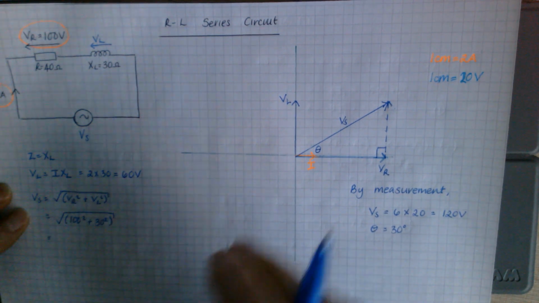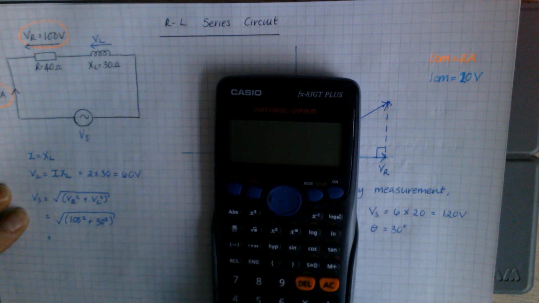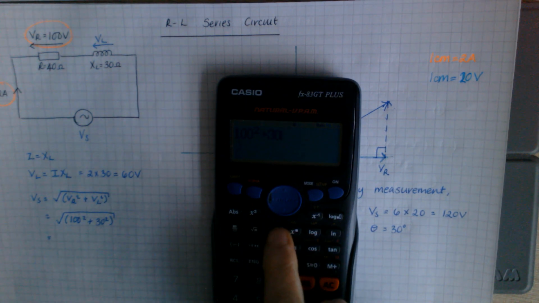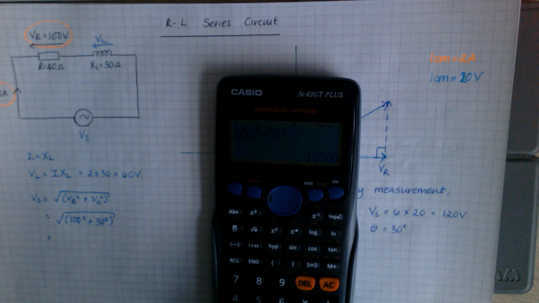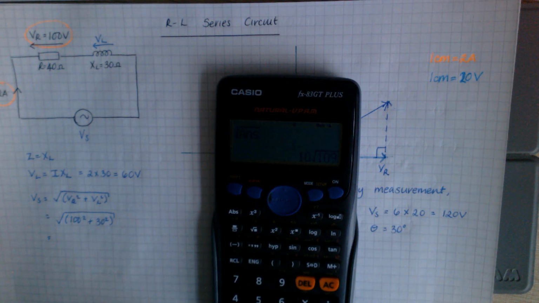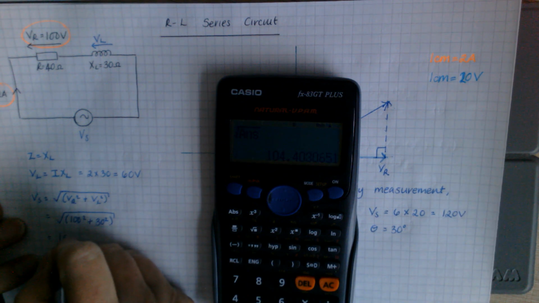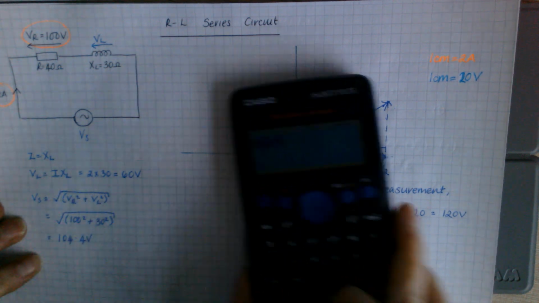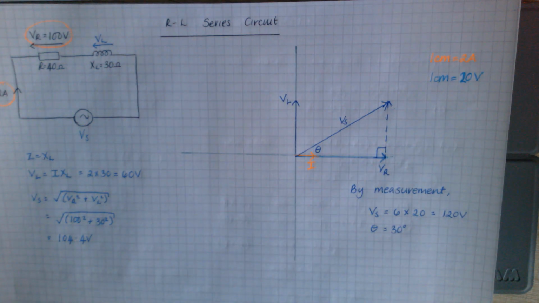But it should be quite close. Let's find out. So I've got 100 squared plus 30 squared equals, and then I'm going to do the root of that answer equals. And it's come out as being 104.4 volts, which is quite similar.